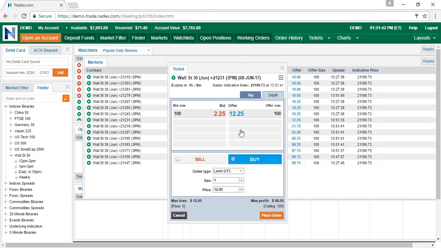No. Okay. So for you binary people, let's use another scenario. I buy this binary, and what do we think in our head? Buy, market goes up, I make money. Buy, market goes up, I make money.